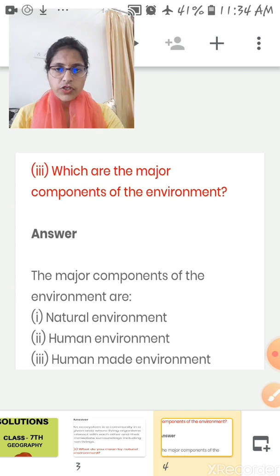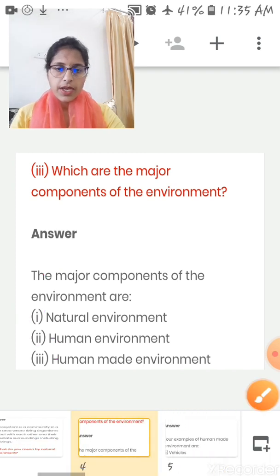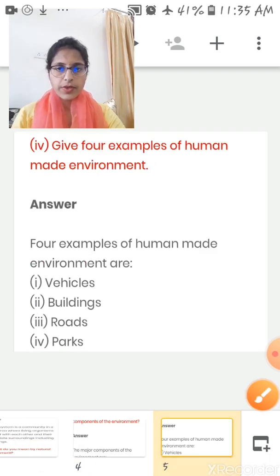Which are the major components of the environment? There are three. First one is the natural environment, second one is the human environment, and third one is the human made environment. Clear, students?